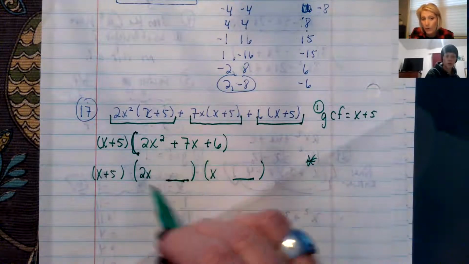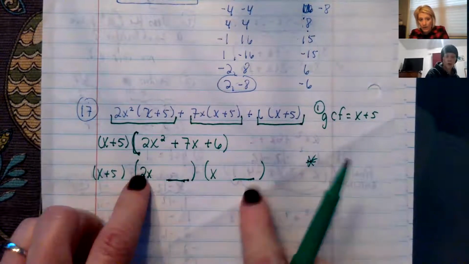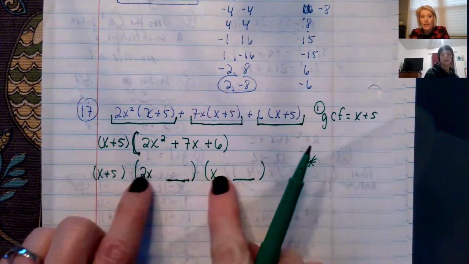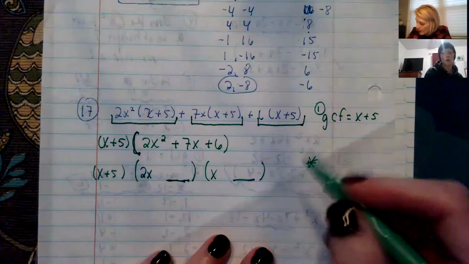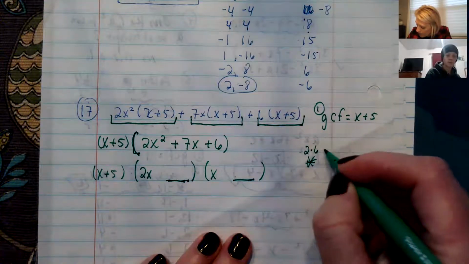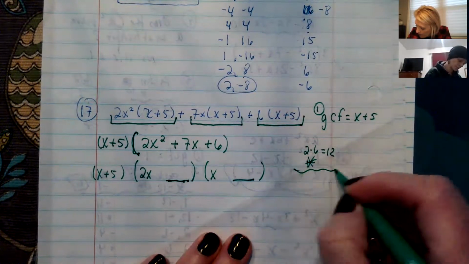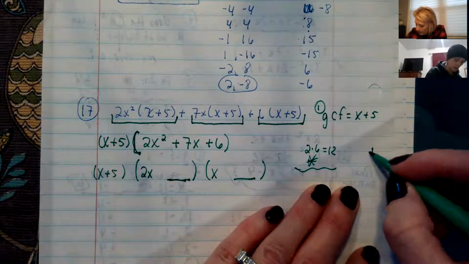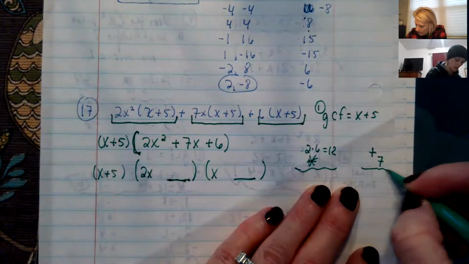Because when we FOIL this whole thing, these numbers out here are going to multiply with the 2 and then the insides. So 2 times 6 is 12. And then they still have to add to make the 7.